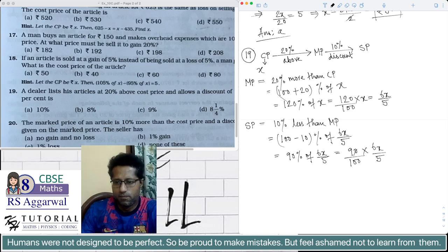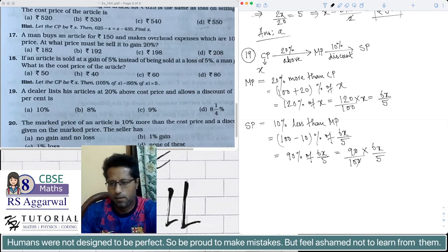Let's simplify this. This is equal to 27X by 25.